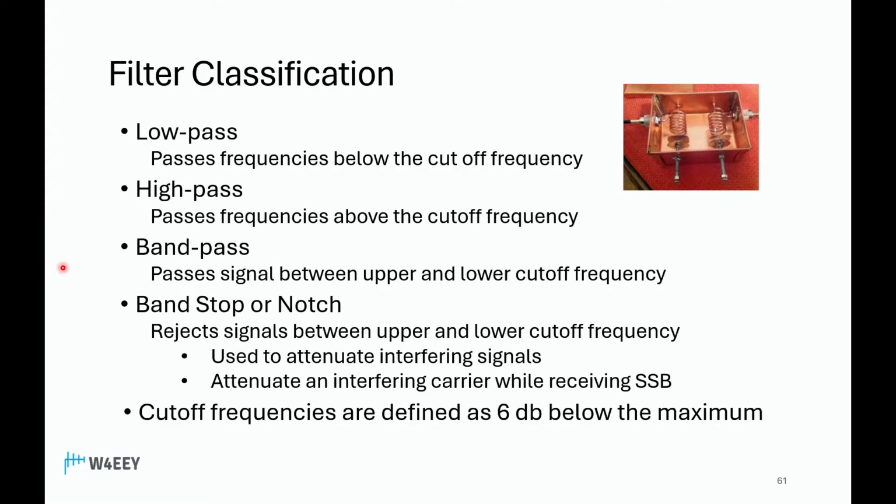Sometimes we want that. Band pass will just give you a range of frequencies that you'll pass. Some of the IF filters in our receivers would be considered band pass filters. Band stop or notch filters. There's a function on many transceivers where you can turn on a notch filter to get rid of a carrier that's bugging you. Well, that's an example.